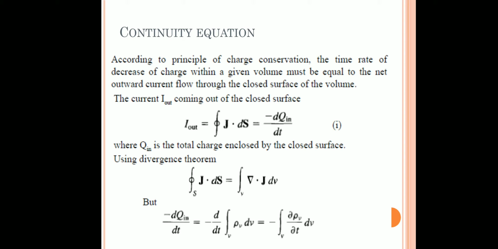So we can rewrite this as the volume integral of minus dou by dou t of rho v dv, equal to minus d by dt of q in, because we are only integrating with respect to one variable. Considering this as equation number 1, we are changing both the left-hand and right-hand sides in terms of volume integral.